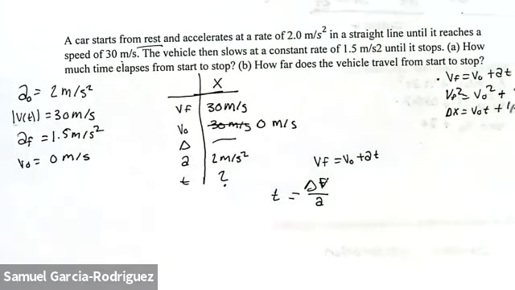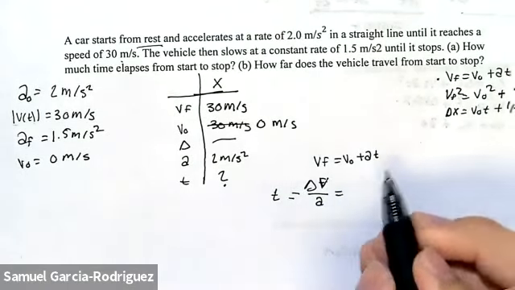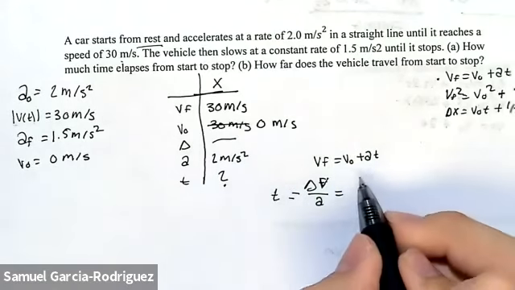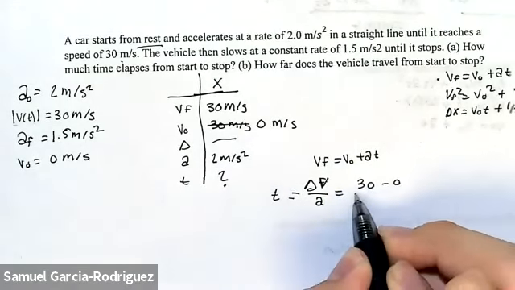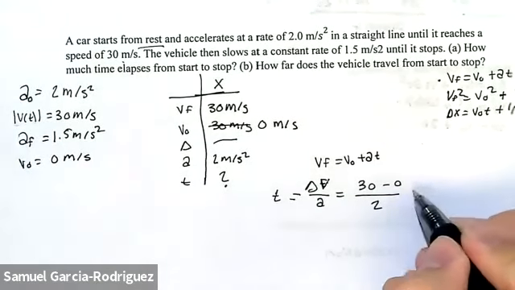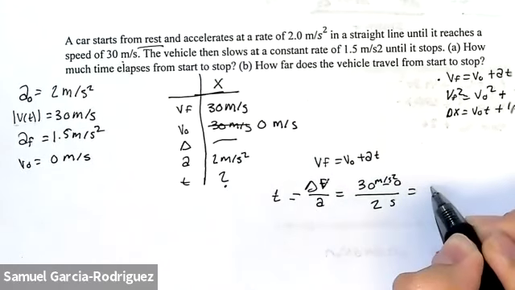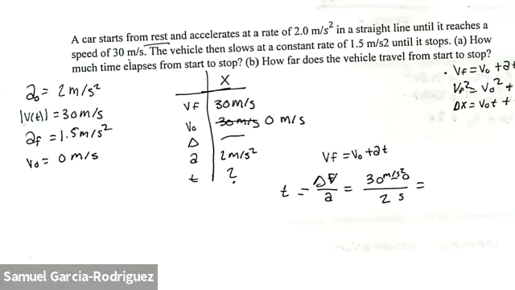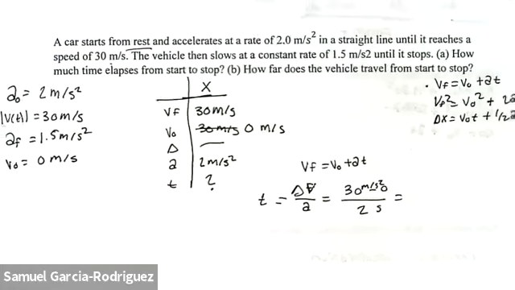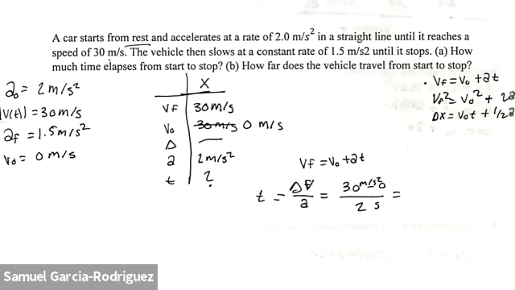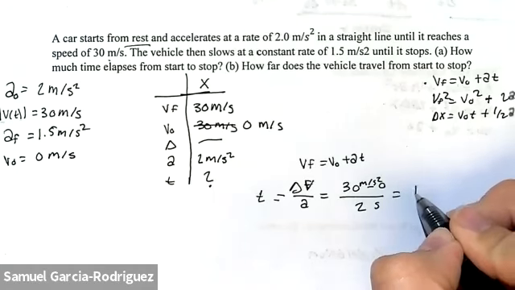And then you just plug in. So this is going to be your final minus initial, 30 minus 0, over your acceleration, which is 2. That's going to be meters per second squared over meters per second.